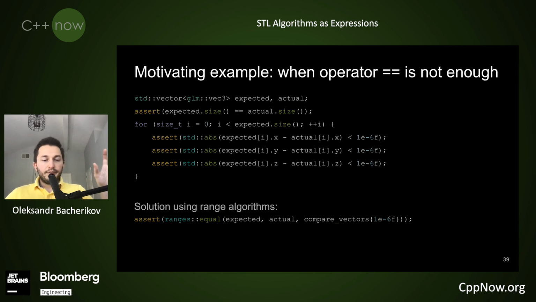My intent is not to pass two vectors with some comparison function into this algorithm. My intent is to take these vectors and compare them as regular vectors, but when I get down to the scalars, I want to apply this threshold for comparison.